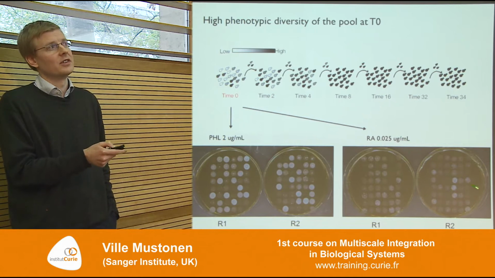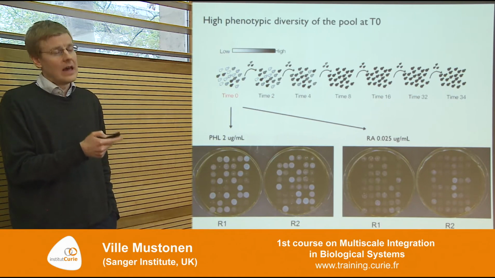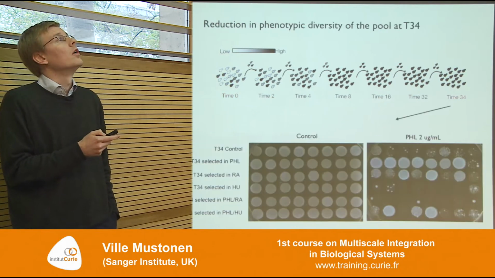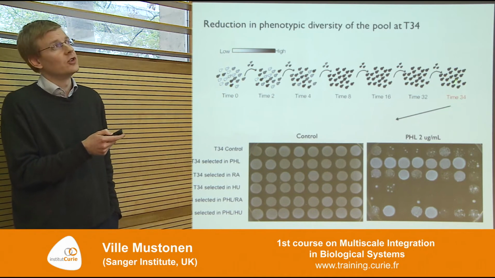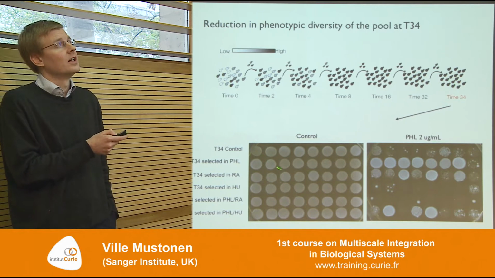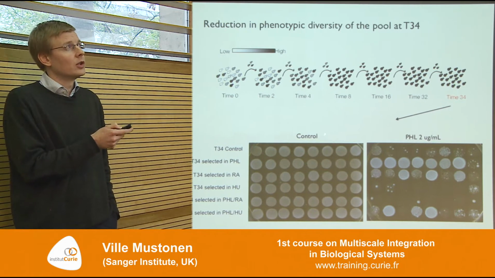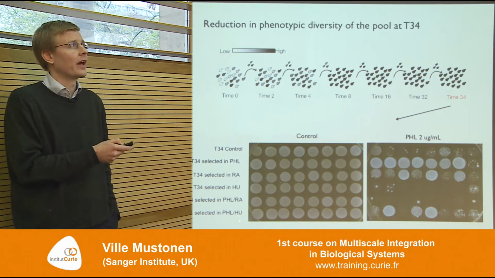Same for rapamycin here. And then if you look at the final time point, if you put them in the control condition, you see that all the pools are growing okay after the propagation.